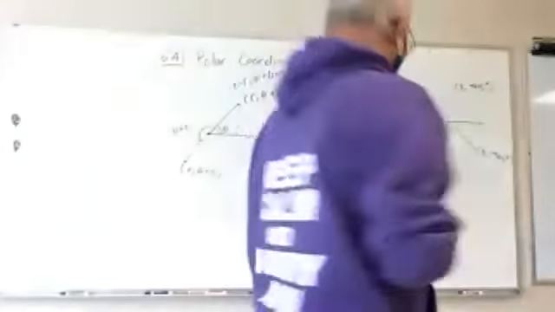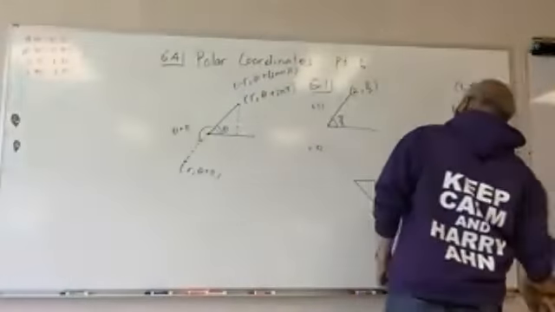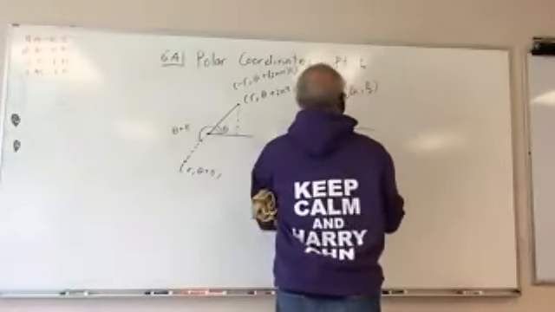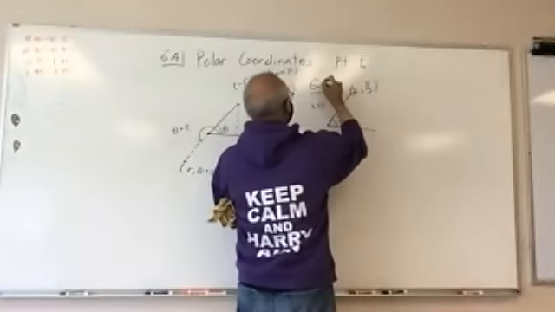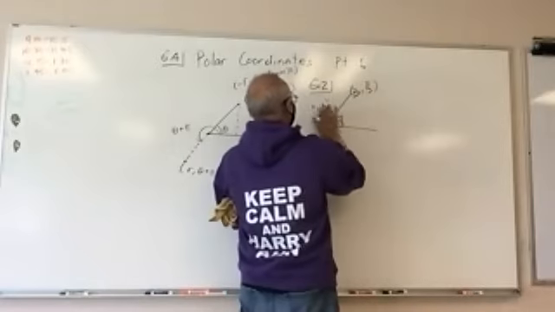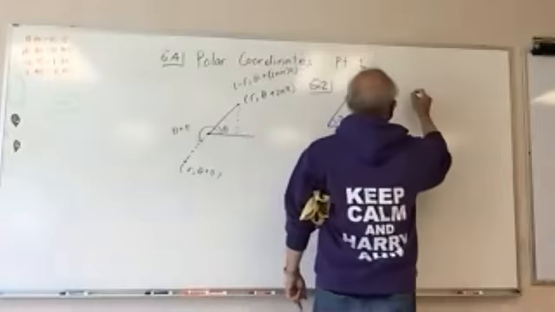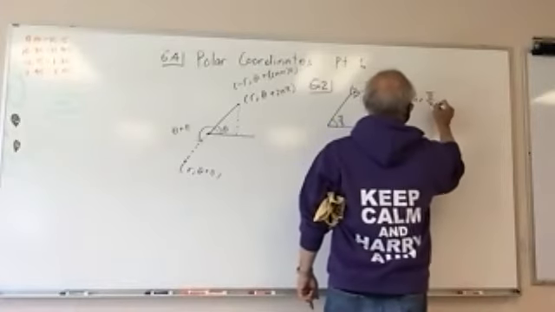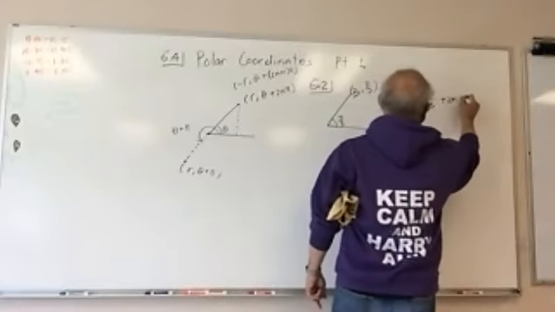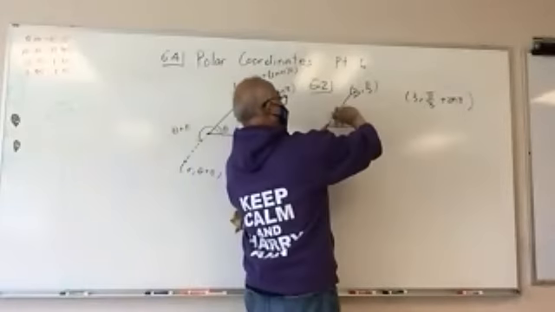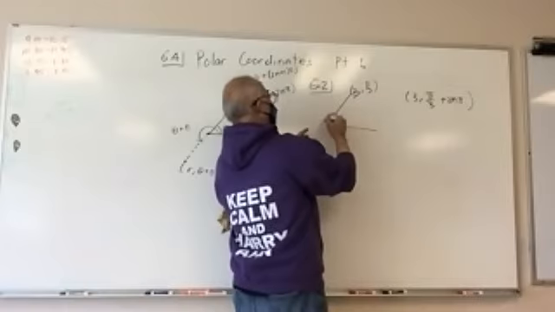Okay. Example number 2, find all polar coordinates for a point. So the point is 3 and pi over 3. So it's actually almost this guy, because this guy is 2 and pi over 3. We're going to call this just 3 and pi over 3. Okay, so another one would be 3 and pi over 3, and then I can go 2 and pi, right? So I went from here to here, and I can go around as many times as I want.